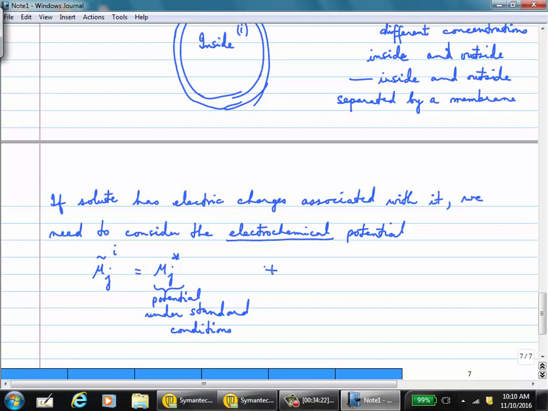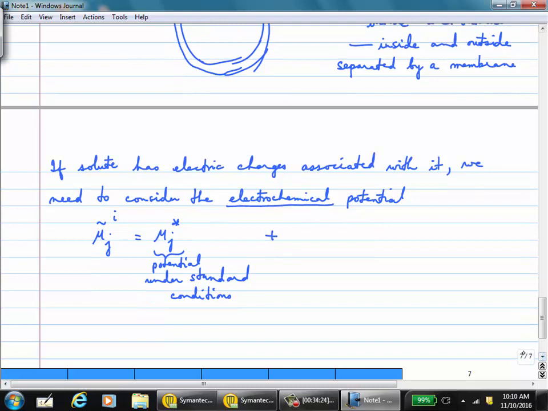Then plus, there will be a term because of the solute concentration inside, and that is given by RT times the natural log of the concentration of the Jth solute inside the cell. This is the concentration term, right? Then there will be another term because of the electric charge on the solute, and that is given by Zj.